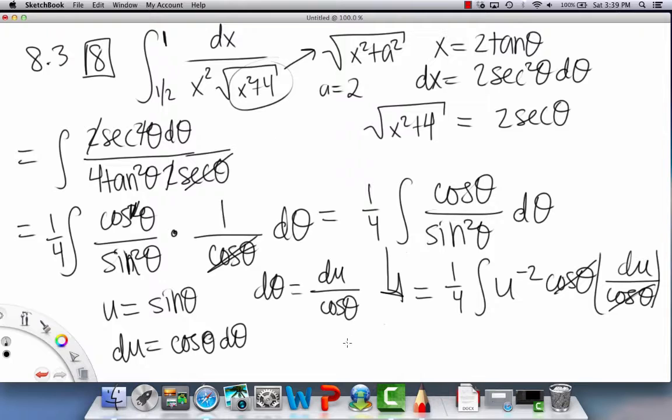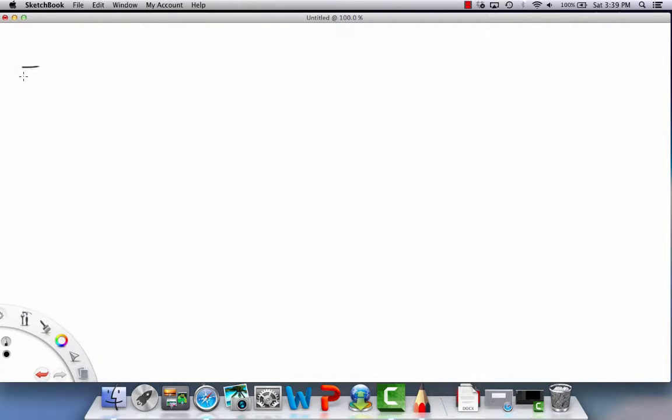We're left with 1 over 4 integral of u to the -2 times du. Now I'm going to go on to the next slide, and this is going to equal 1 over 4 u to the -1 with a negative sign in front.